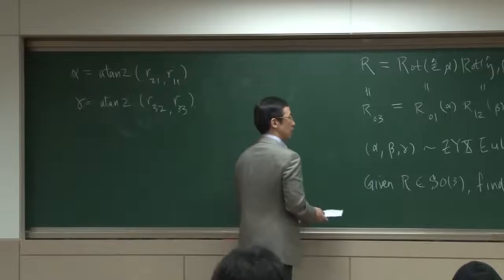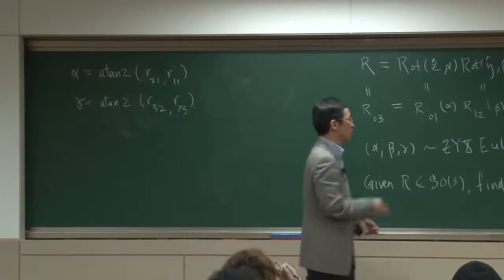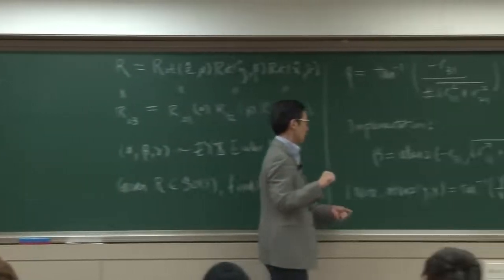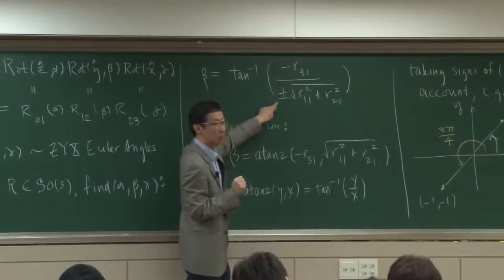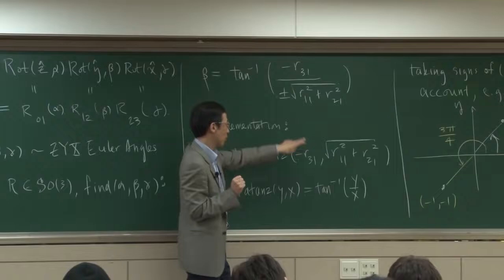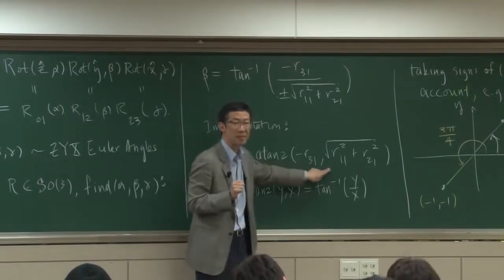All right, and let's see. We also have to, so we had a choice here. We could have taken plus or minus. We deliberately chose plus.